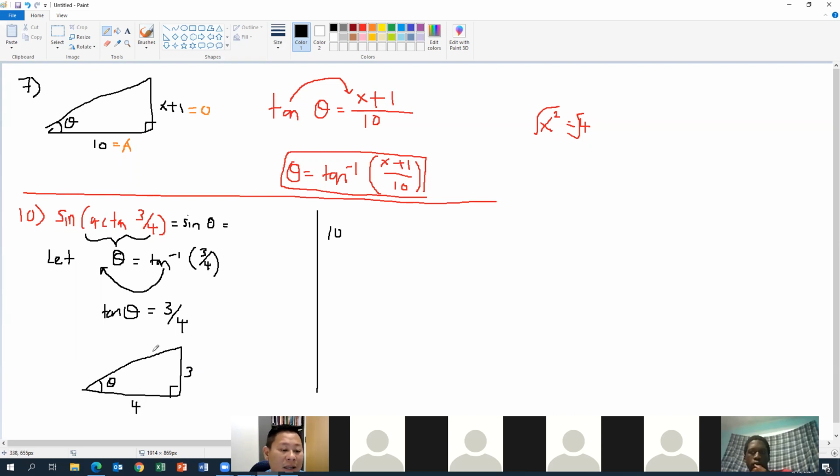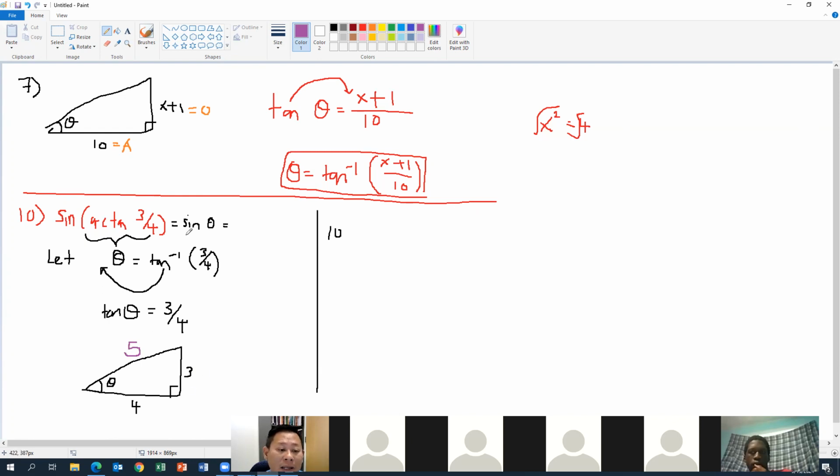Can someone tell me what is your hypotenuse? If you know your triplets, 3, 4, and... what's your triplets? 3, 4, and 5. This is important. Otherwise, you'll use the Pythagorean theorem to figure this out. Forget triplets 3, 4, 5.